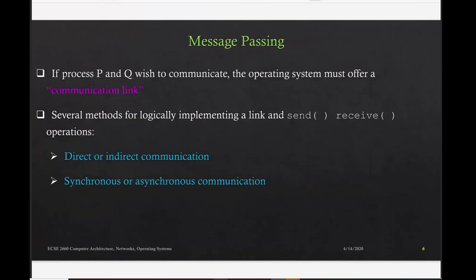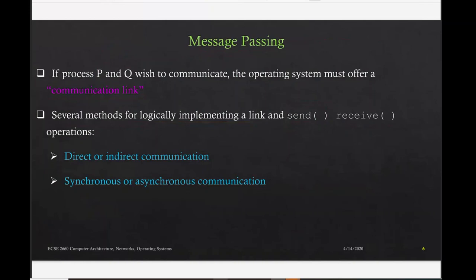How are we going to do message passing between P and Q? There are several methods for logically implementing a link and send and receive operations. We are going to use send and receive system calls to send and receive messages between P and Q. We'll see examples of how we can use pipes, fork, and send and receive to do this.